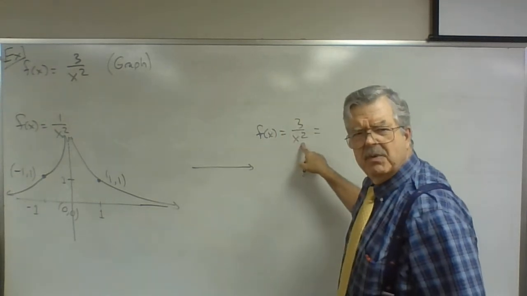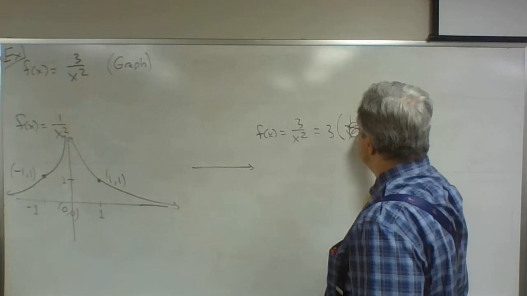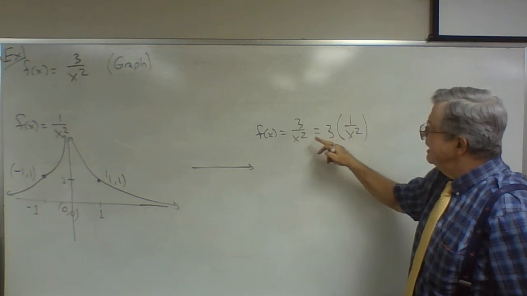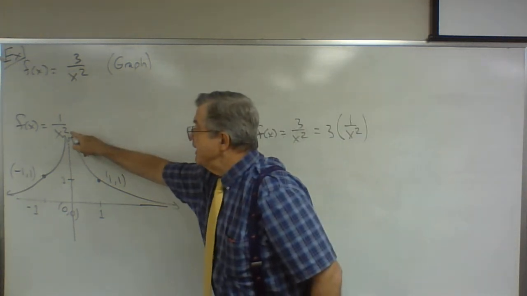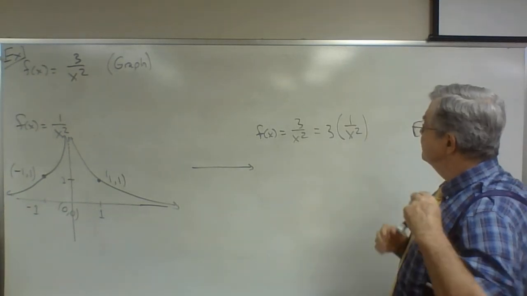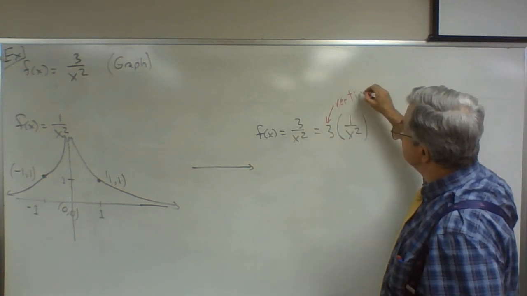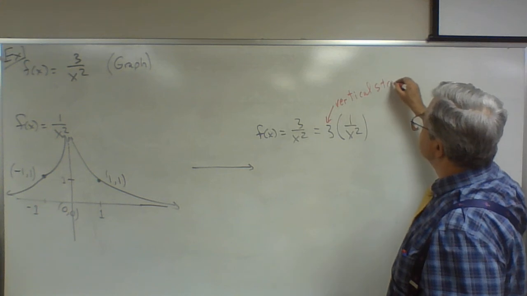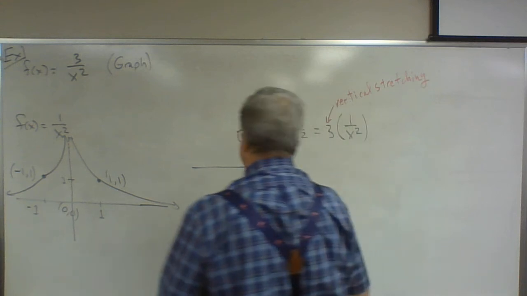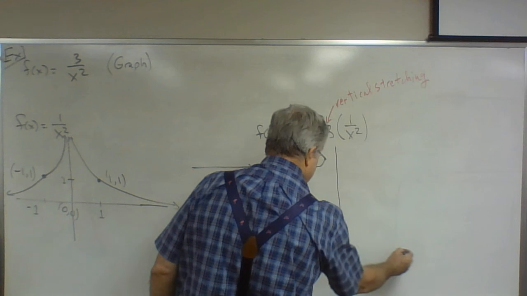Three over x squared. Isn't that the same thing as 3 times 1 over x squared? So we're just multiplying 1 over x squared by 3. So this is vertical stretching. Horizontally, everything stays the same. Vertically, things get stretched.